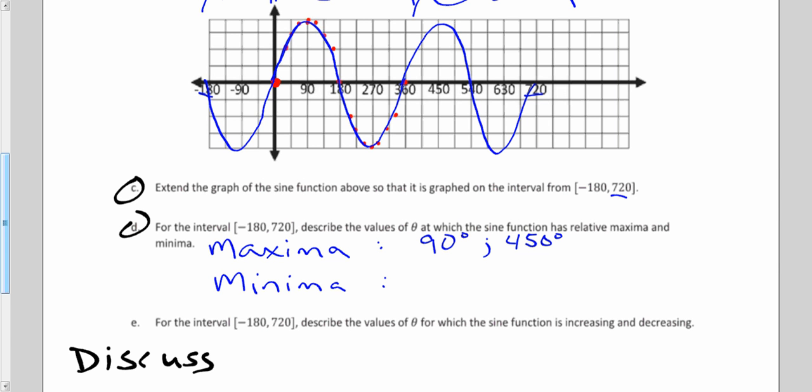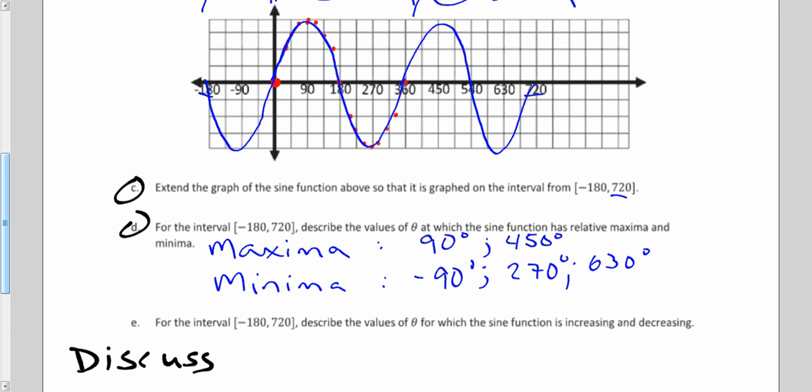Right here? What's the value of theta there? Negative 90. And what other minima are there? There's 270 degrees. And there is 630. Yeah, go ahead, Andrew.